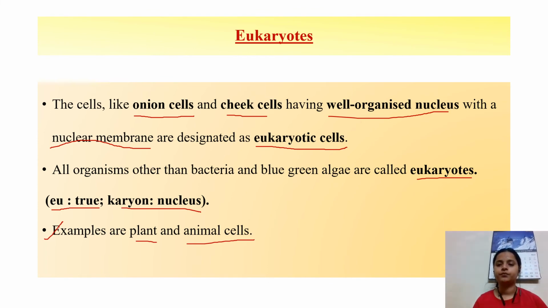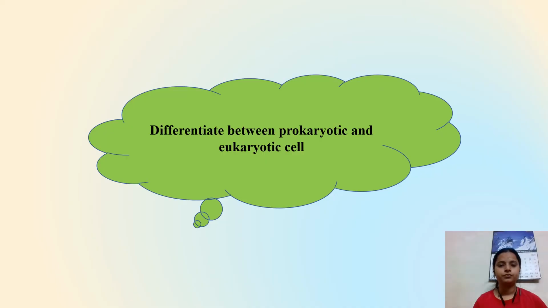Now let's move. Here is another question for you, and I want you to write down the answer in the chat box. Two or three differences: you need to differentiate between prokaryotic and eukaryotic cells.